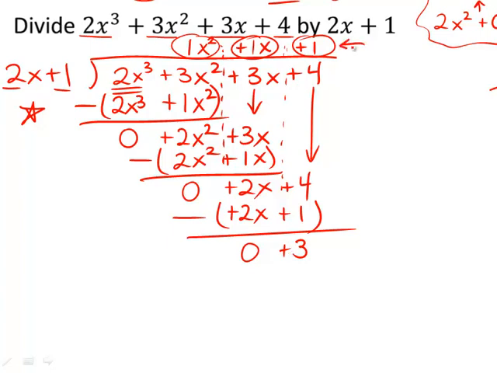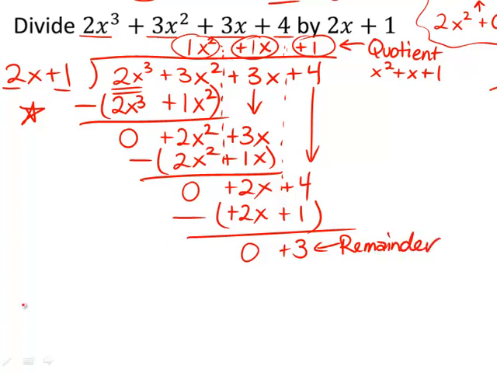Therefore, our quotient is, without these circles, they look a little silly, x squared plus x plus 1. Notice all three coefficients are 1, just like we had in our numbers example, and our remainder is 3.